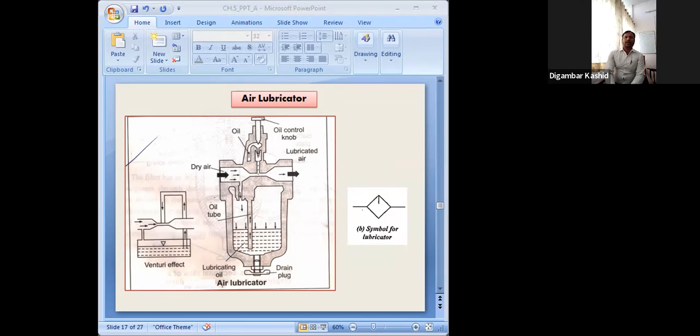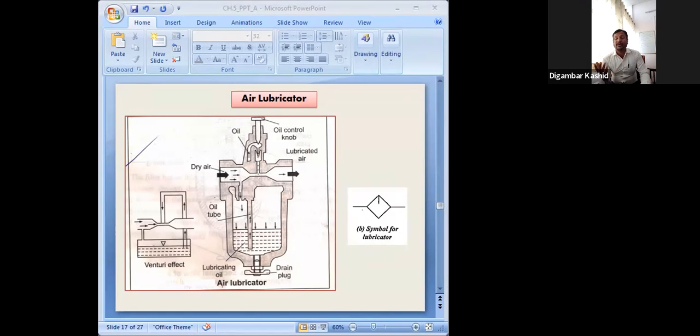At the same time, excessive lubrication is also undesirable.